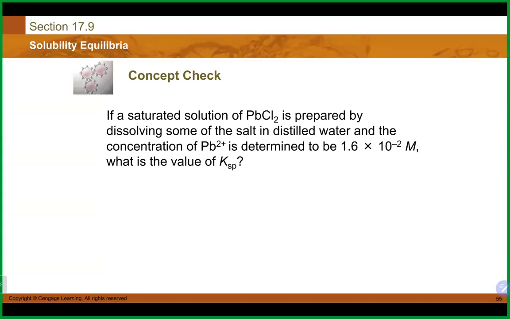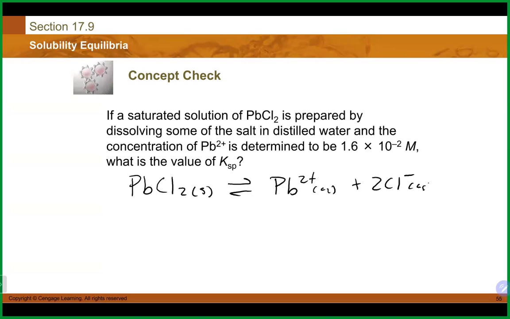So in this particular case, you don't actually need to do a nice table, but let's take a look at how it would work. So we're going to have our lead 2 chloride, and it's going to break apart into a lead 2 ion and 2 chloride ions.